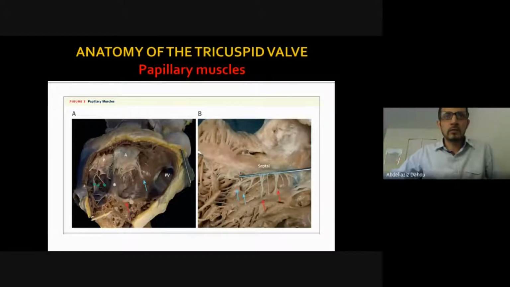Last thing here for this view on the left side, you can see the moderator band, which can be attached to the papillary muscles or to the free wall of the right ventricle. Very importantly, the pulmonic valve here is completely separated from the tricuspid. There is no direct contact between the two.